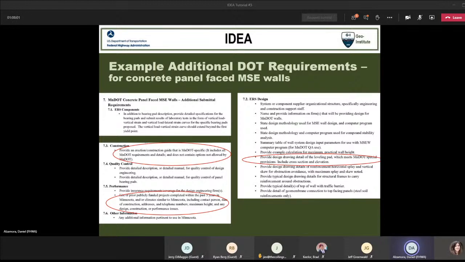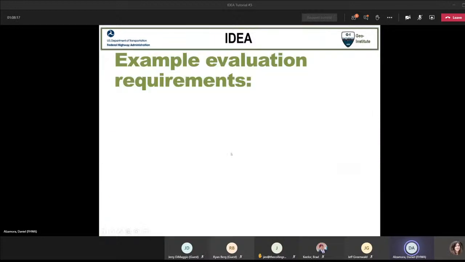So again, we're just getting the process moving with all of these supplemental reports for each state DOT. There'll be a little bit of a learning process, and we're moving forward with that.